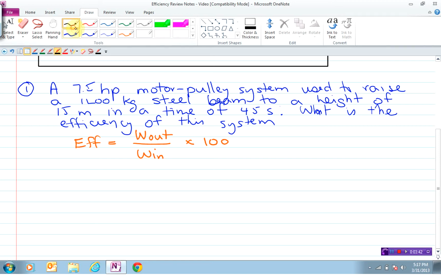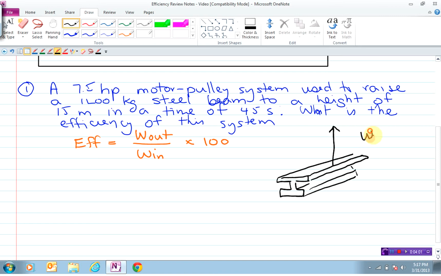You're taking a steel beam. Here's a picture of a piece of steel beam, an I-beam like this, and we're going to take this up, and there's the beam going up. We're going to lift this beam up to a certain height. Now the work that we do out is going to be equal to force times distance, which will be the force we have to use to move this beam up to a certain height.